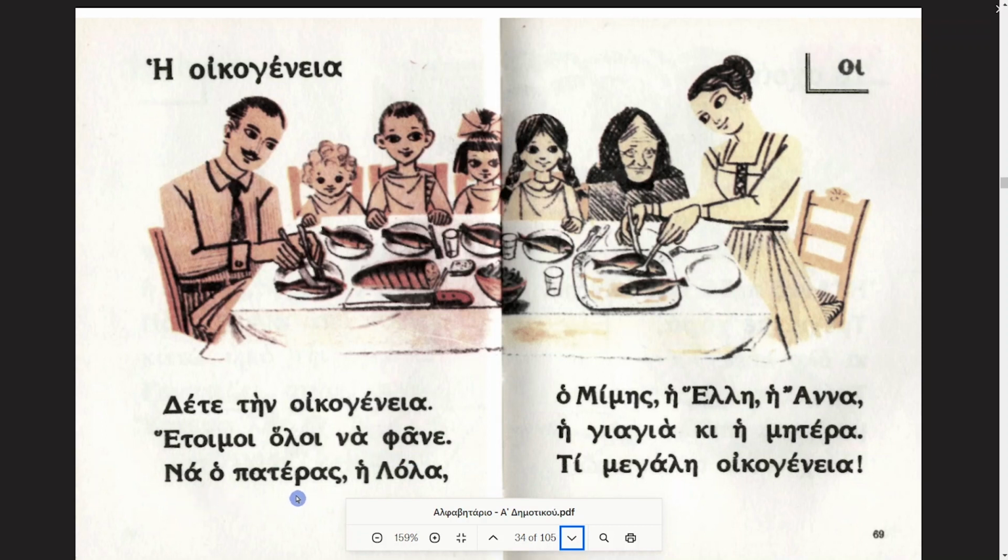Να ο πατέρας, the father. Η Λόλα, that's Lola. Ο Μίμης. Η Έλλη, η Άννα, η γιαγιά, the grandmother, και η μητέρα, and the mother. Τι μεγάλη οικογένεια. What a big family.